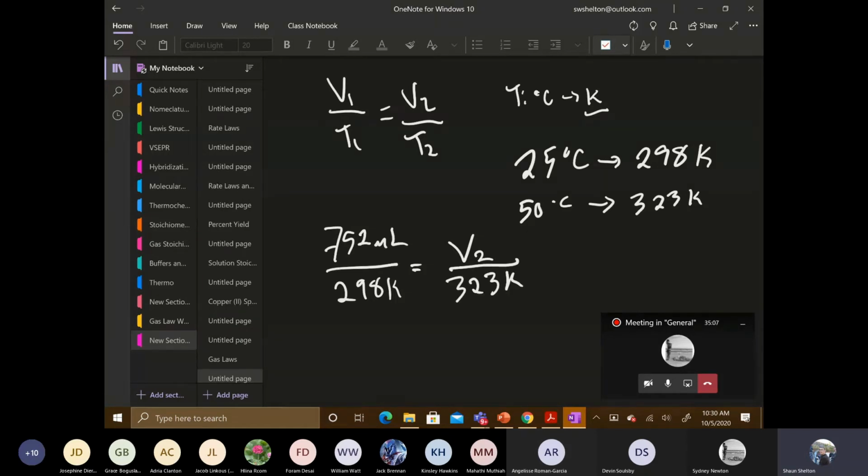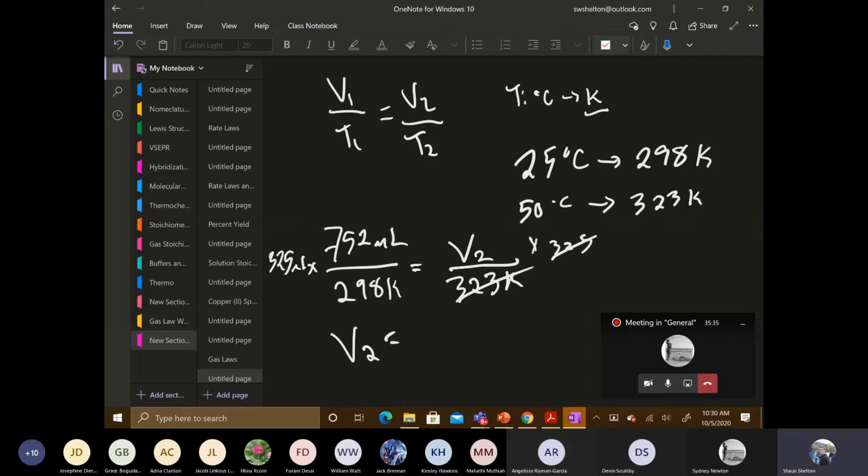Now we need to get V2 by itself, so what we're going to do is multiply 325 milliliters times this part and then multiply by 325 over here. That cancels this out. So V2, all right, let's do this. We got 325 times 752 divided by 298.